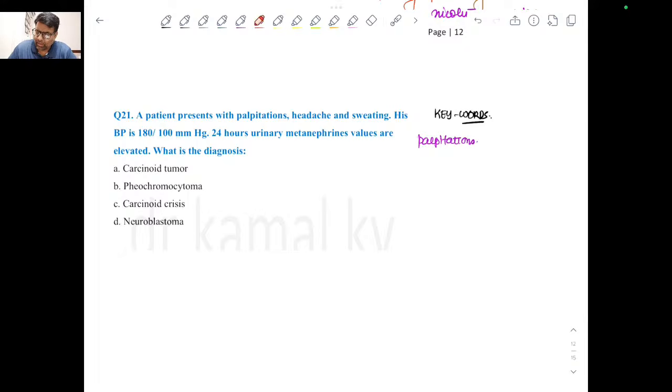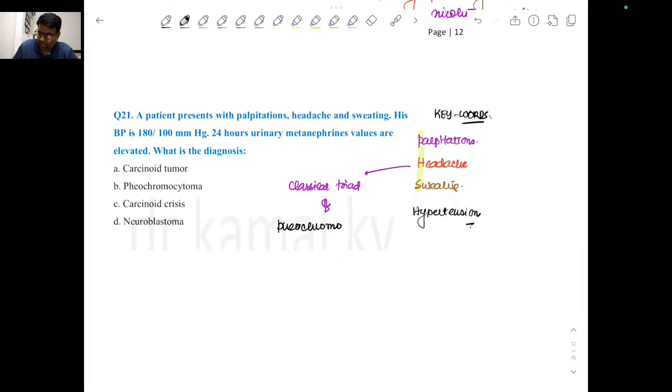Palpitations, headache and sweating, along with hypertension. Very good. So the moment we have these three words, this is the classical triad of pheochromocytoma. Clear?